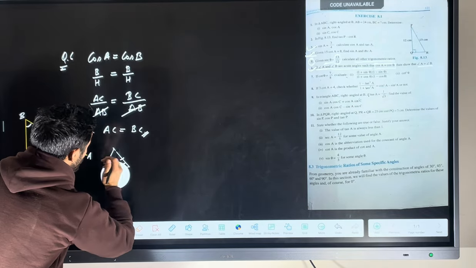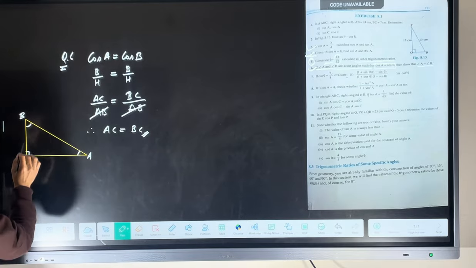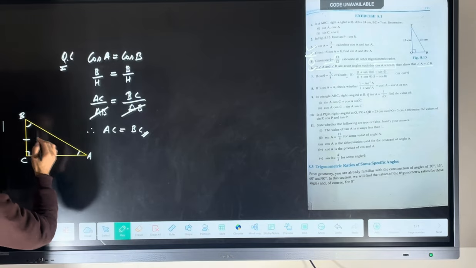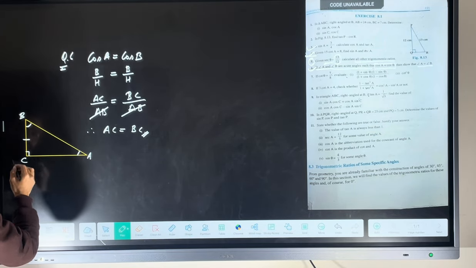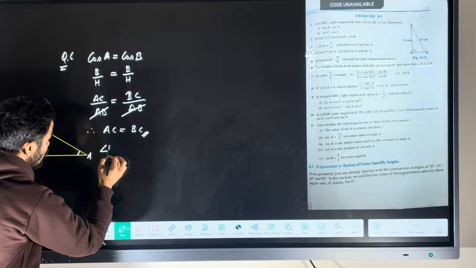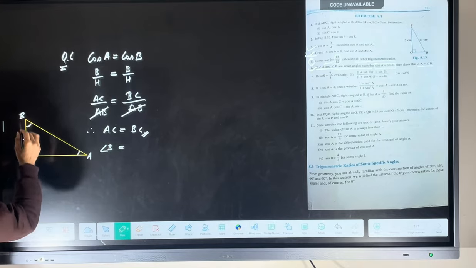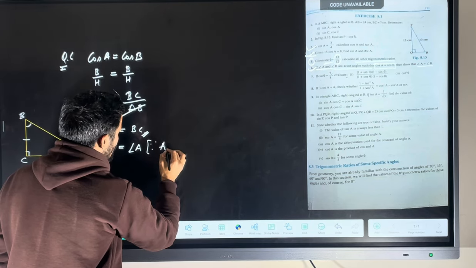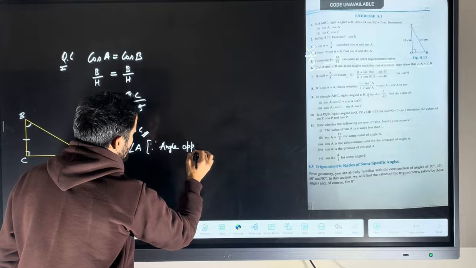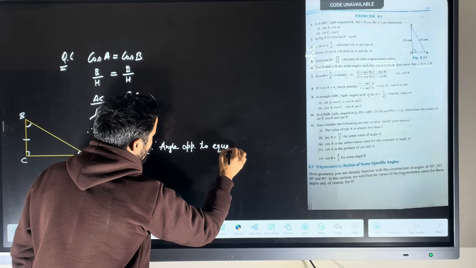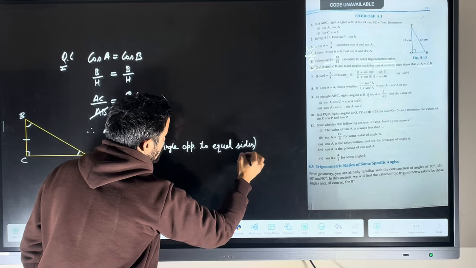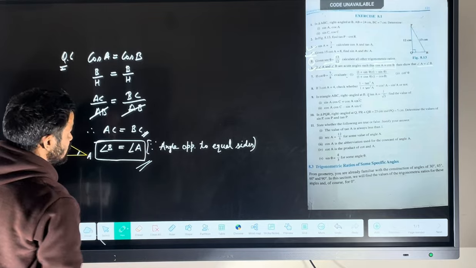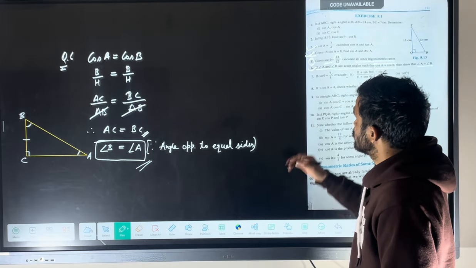The angle opposite to side AC is angle B, and the angle opposite to side BC is angle A. Property: angles opposite to equal sides are equal. So we have proved that angle B is equal to angle A. We have completed question number 6.